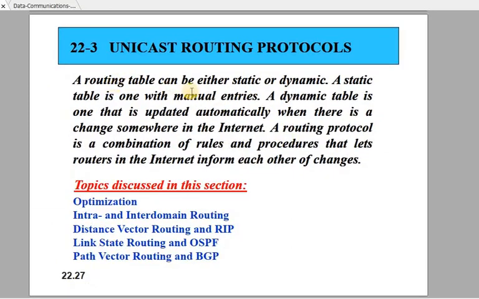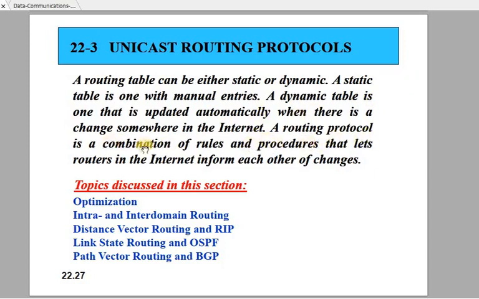A routing table can be either static or dynamic. A static routing table is going to be handled manually. However, in case of dynamic tables, we have to update it with time. Whenever there is a change somewhere in the network, the routing table must be updated.